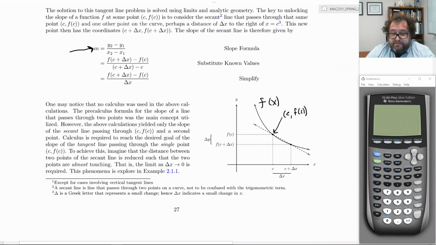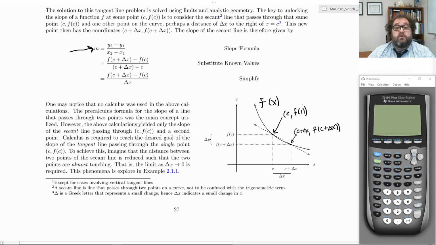So this point over here, the x value is C plus delta x. So if you want to label this point, we can label it as the x value, which is C plus delta x, comma, well, what do you get when you plug in? If you plug into your function, you get f of C plus delta x. So you have 2 points.